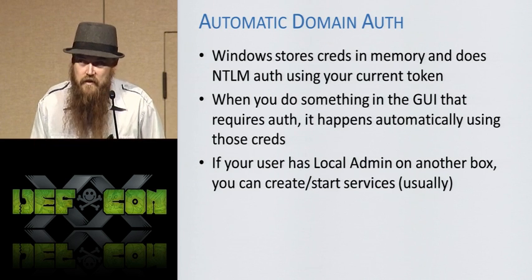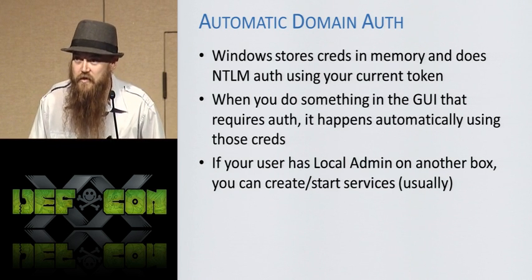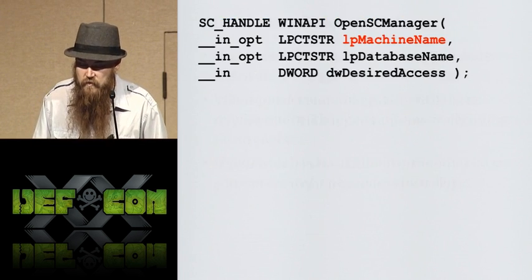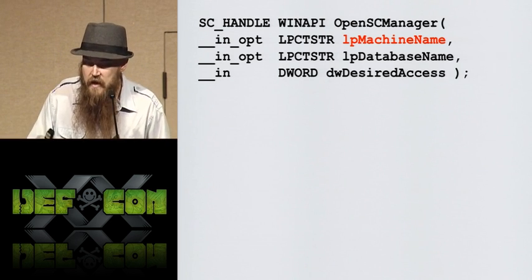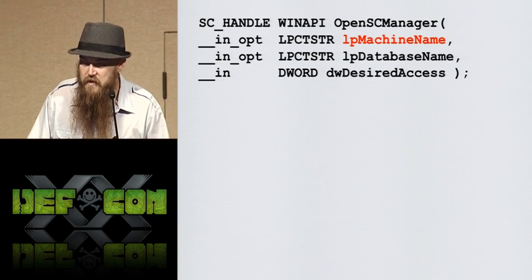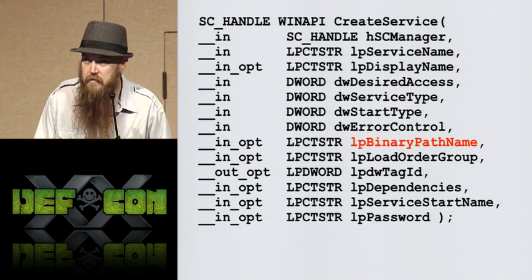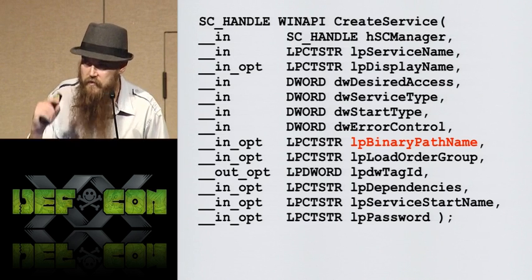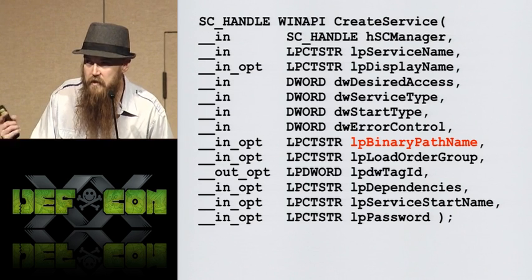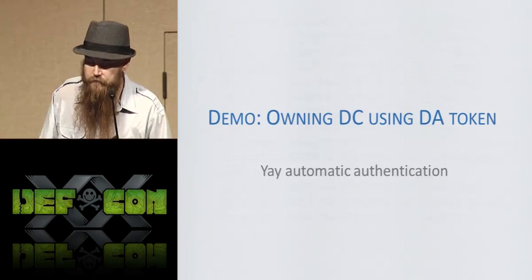And it turns out those services can also point to a UNC path. So this is the API call that does that. LP machine name can be a UNC path, and it can be any server that you want to create a service on. LP binary path name can be a UNC path, so it points back to your box.